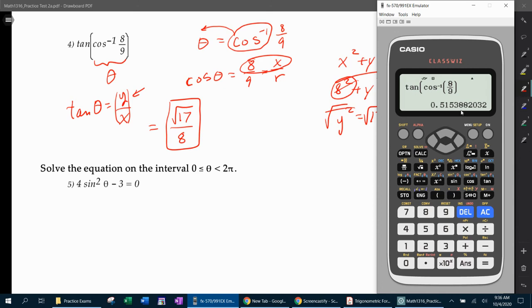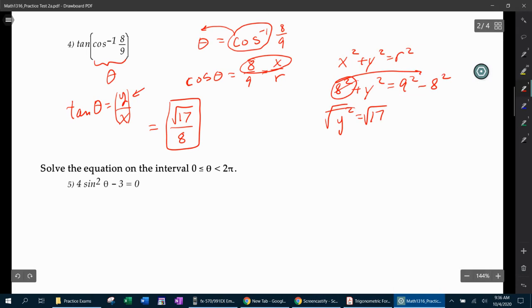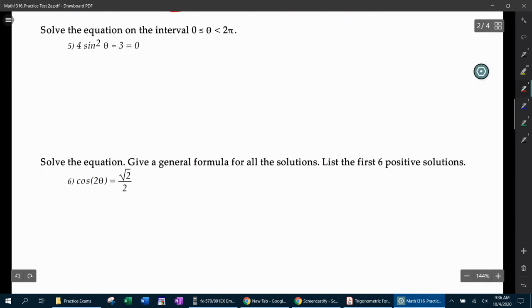Well, you know what I can do to verify that? 0.515. I can put this in the calculator and see if I get the same decimal. Square root of 17 over 8. Look at that. Same decimal value. Answer verified. Yay.